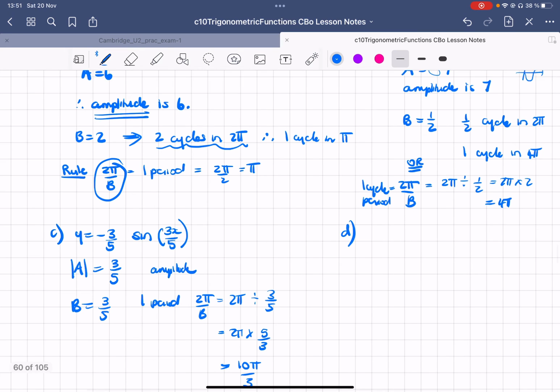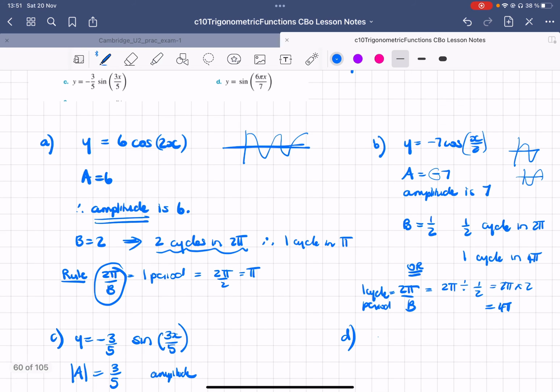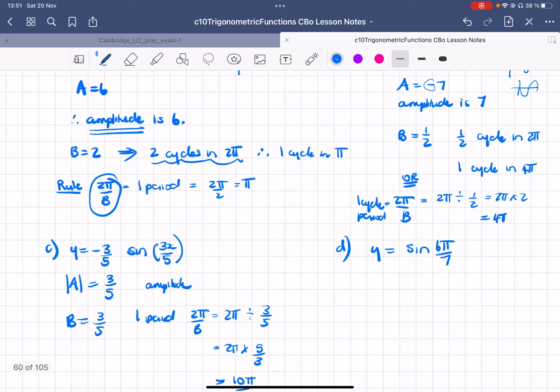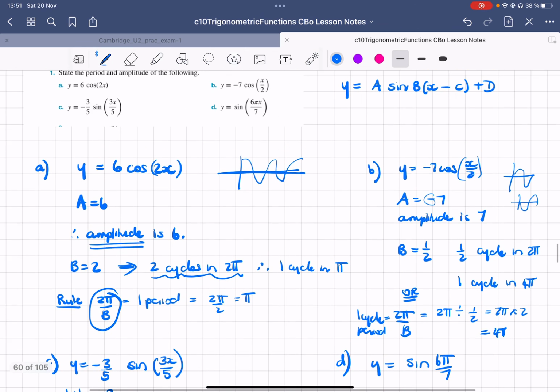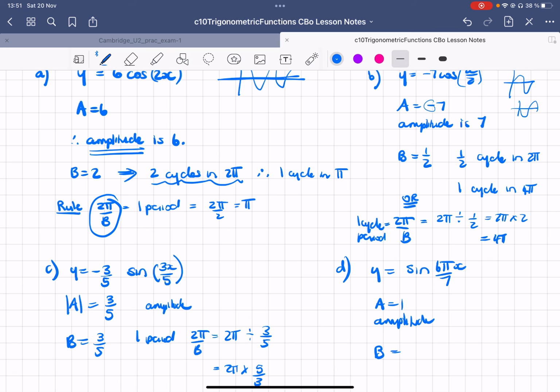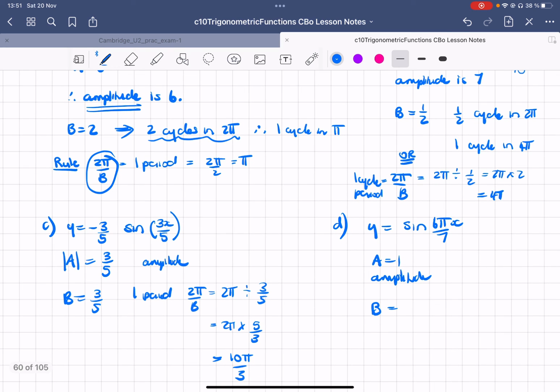D, y equals sine 6 pi x over 7. So my a value is 1, which is my amplitude. My b value here, whoopsie, there's an x there. My b value is the coefficient of x, which is 6 pi over 7.